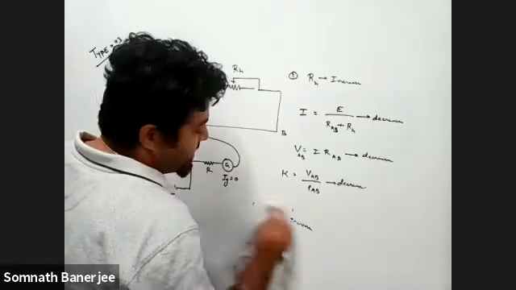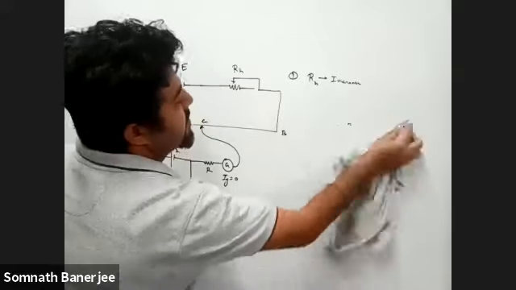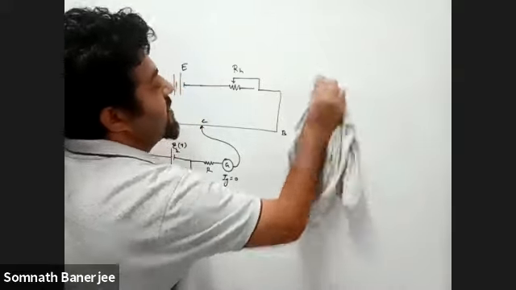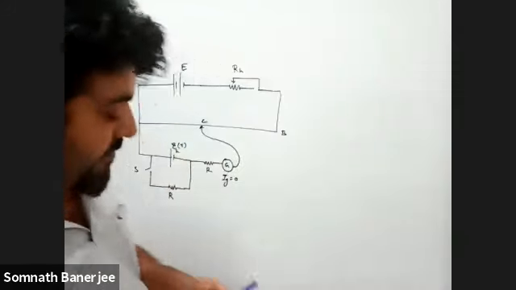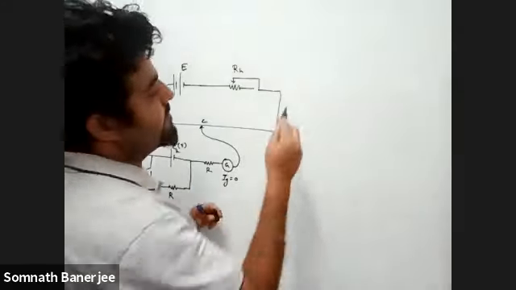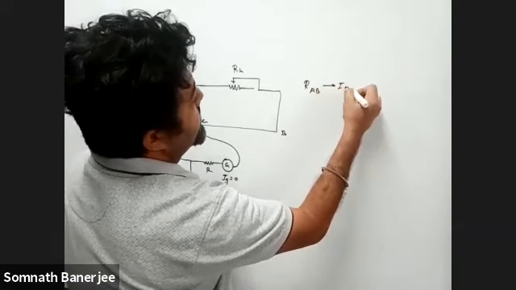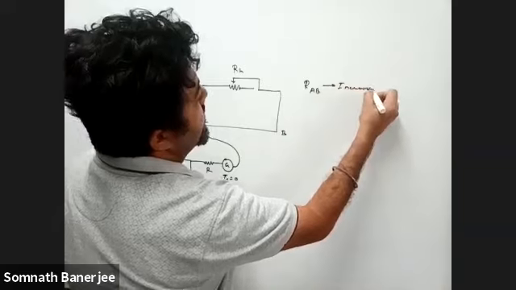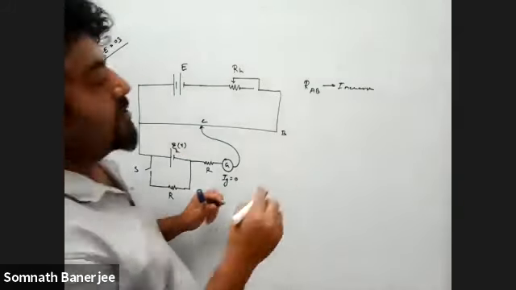Now the second part is, they can give you, suppose the resistance of AB increases. If the resistance of AB increases, then what happens?